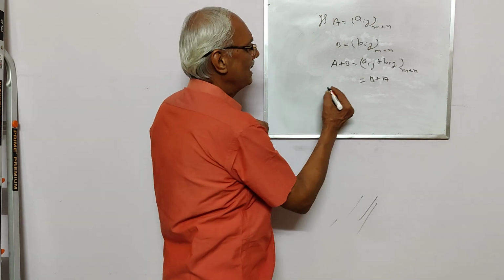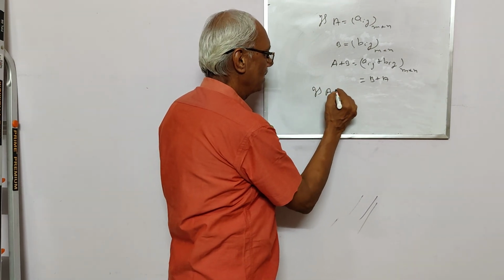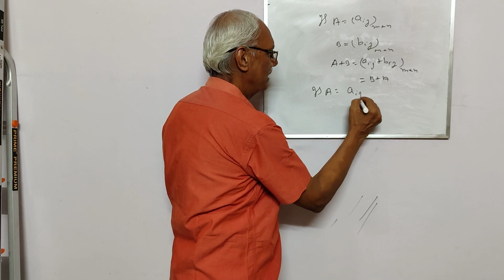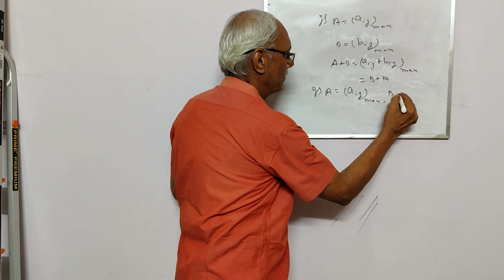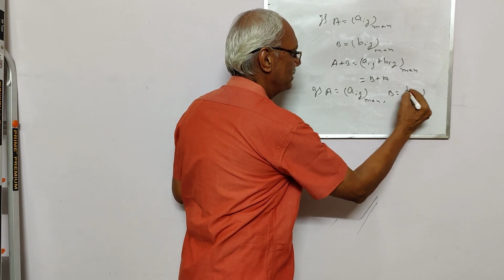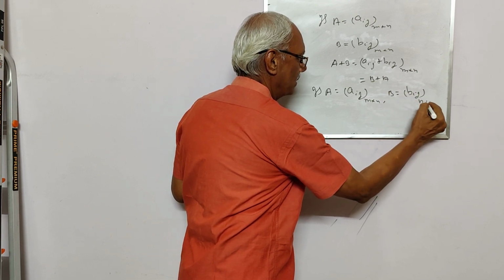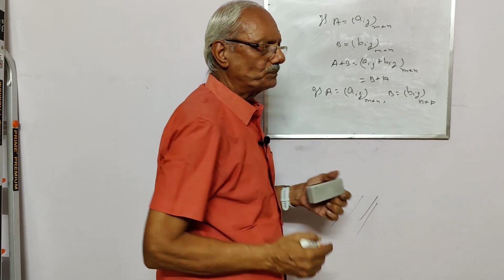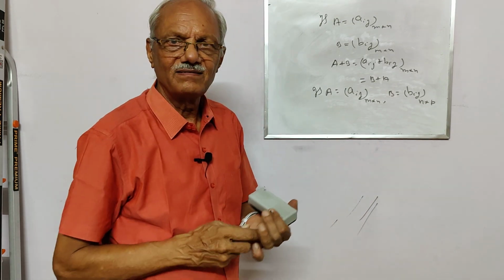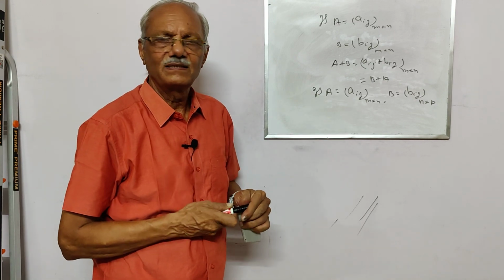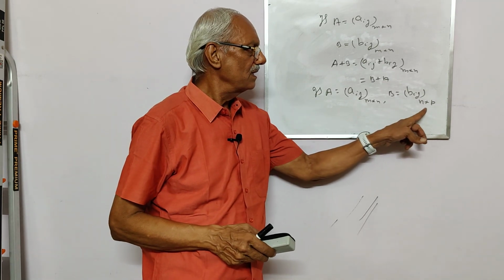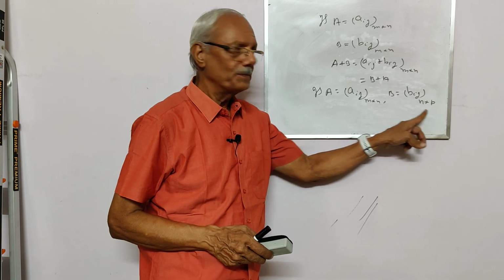Okay. Now, if A is equal to Aij, M cross N, and B is equal to Bij, N cross P. What have I written here? A is an M cross N matrix, whereas B is an N cross P matrix.